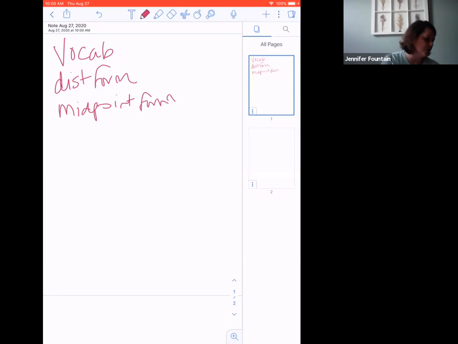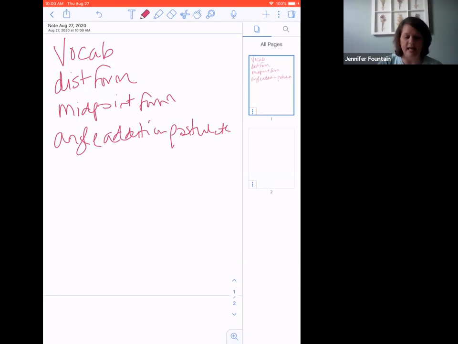You're going to want to make sure that you know angle addition postulate. So basically, what you're going to be looking at is your vocab and all the green boxes.